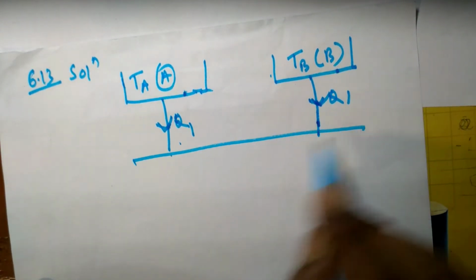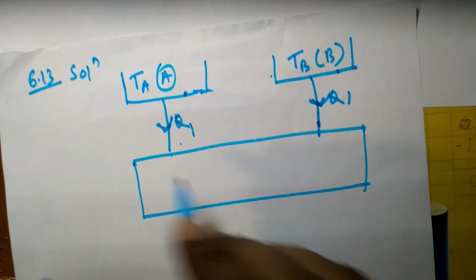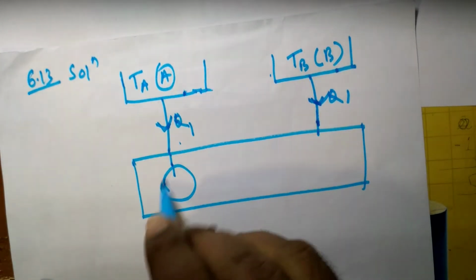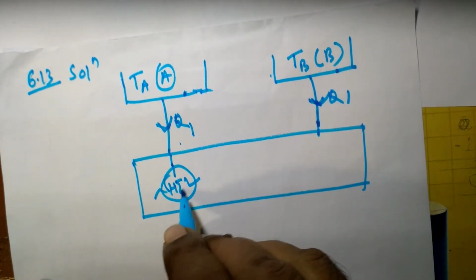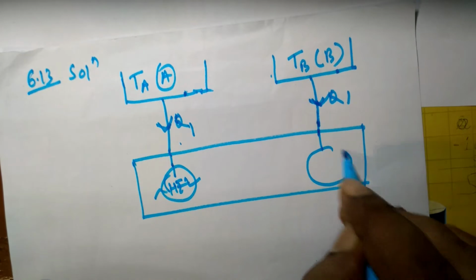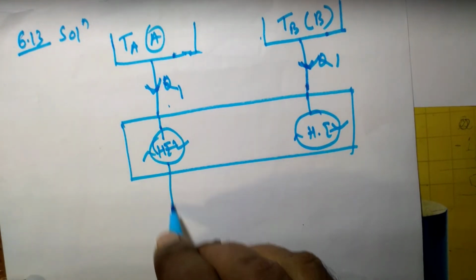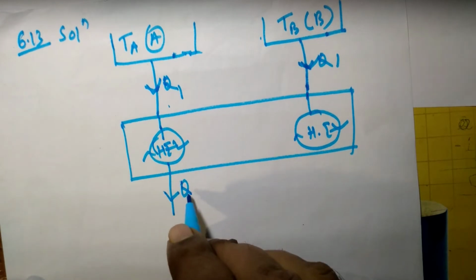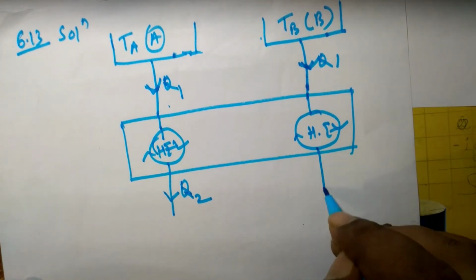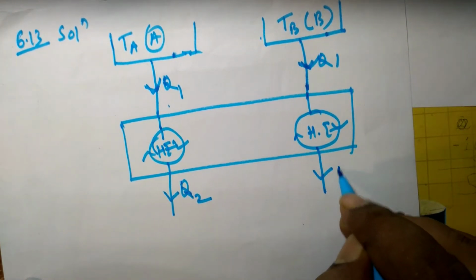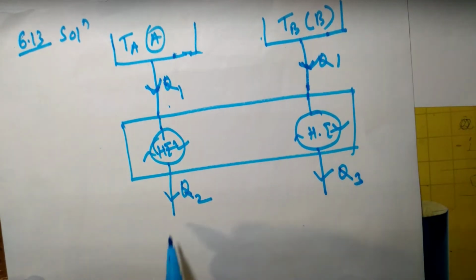So this is the heat engine. Let heat rejected by this heat engine be Q2, and heat rejected here be Q3, suppose.